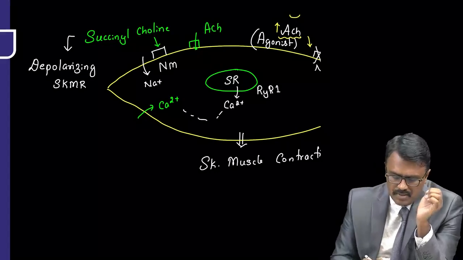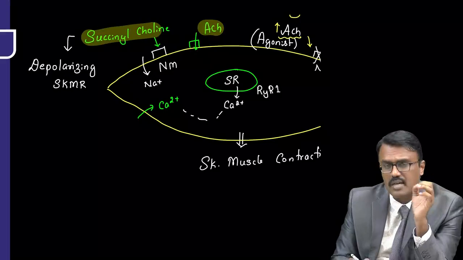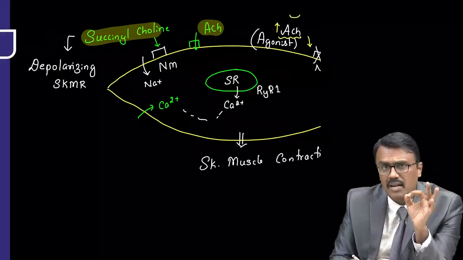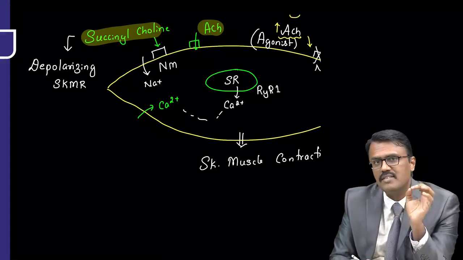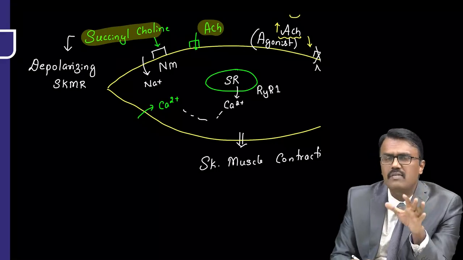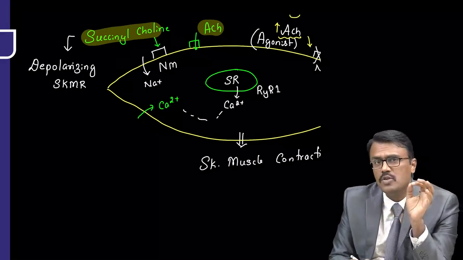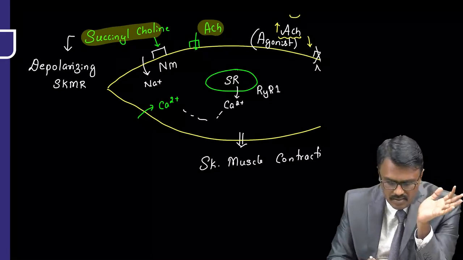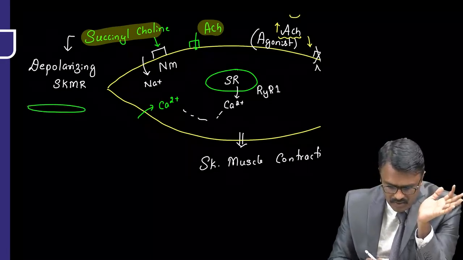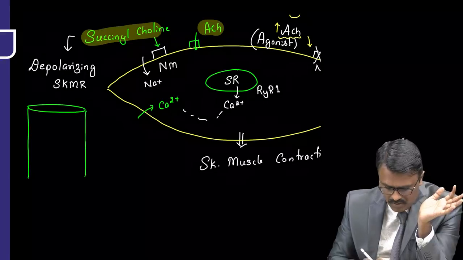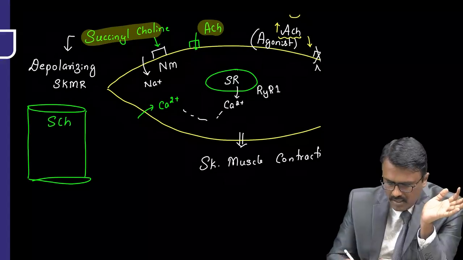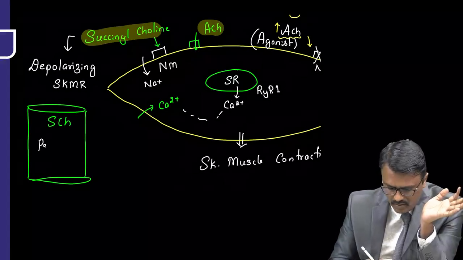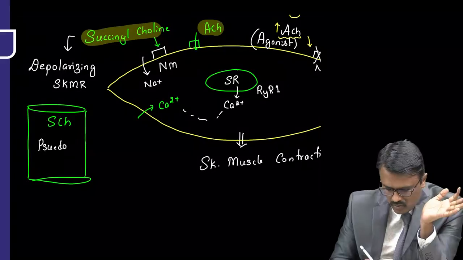And what is the difference between succinylcholine and acetylcholine? Acetylcholine is metabolized mainly by cholinesterase, yes or no? And if you give IV acetylcholine, it is metabolized by pseudocholinesterase. So when succinylcholine is given in the blood vessel, we have a special enzyme to metabolize that, and that is called pseudocholinesterase.